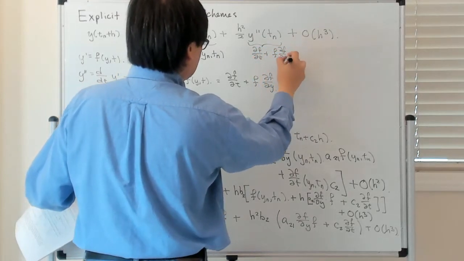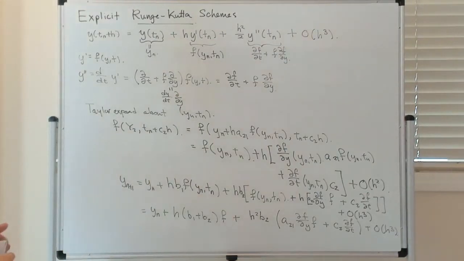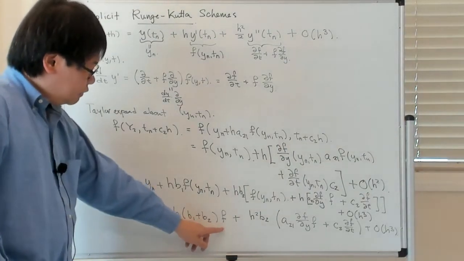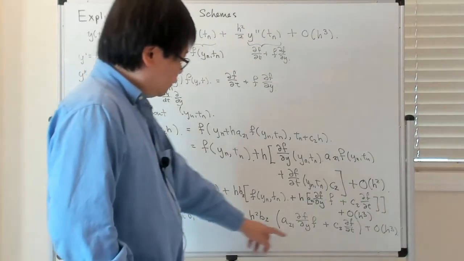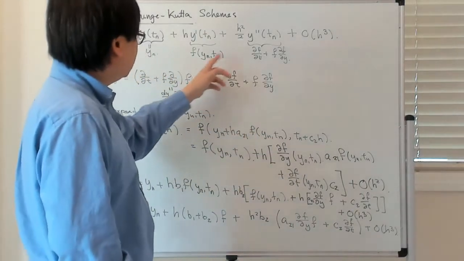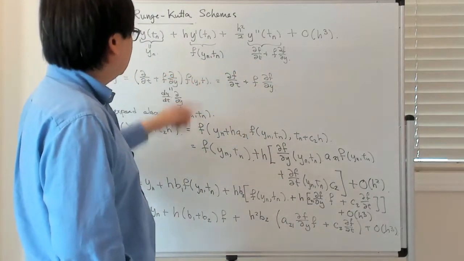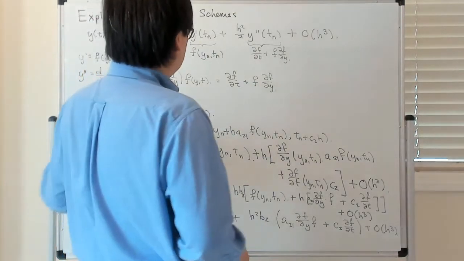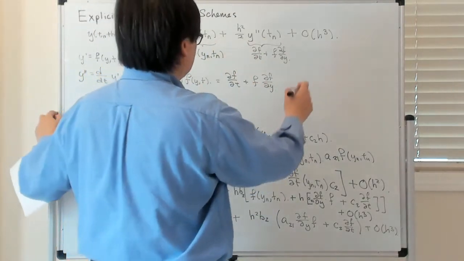That's all right, because if you look at what we have here, we have terms involving f, f df/dy, and df/dt. So all these things show up in this Taylor approximation. Maybe I will write this out more clearly.